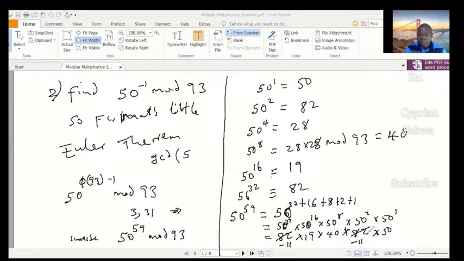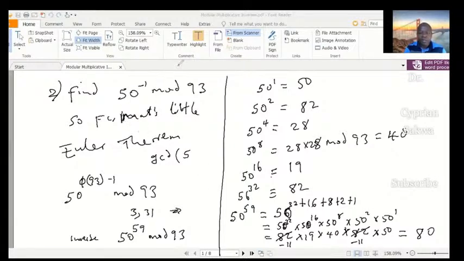Whichever you do, multiply what you have here, divide by 93, and then find the remainder. The remainder will be 80. So that means 80 is the inverse of 50 mod 93. So 80 times 50 gives you 1.